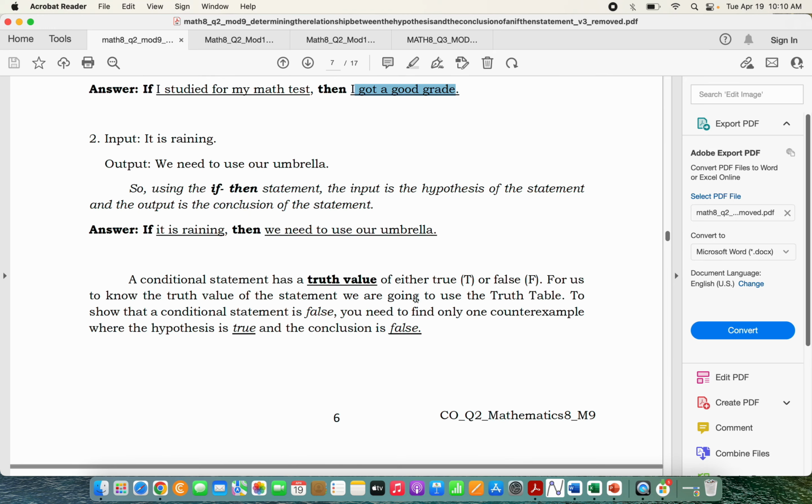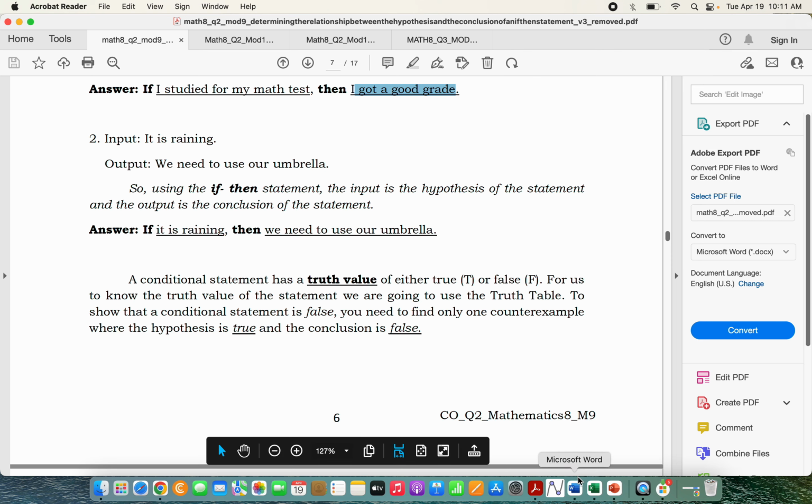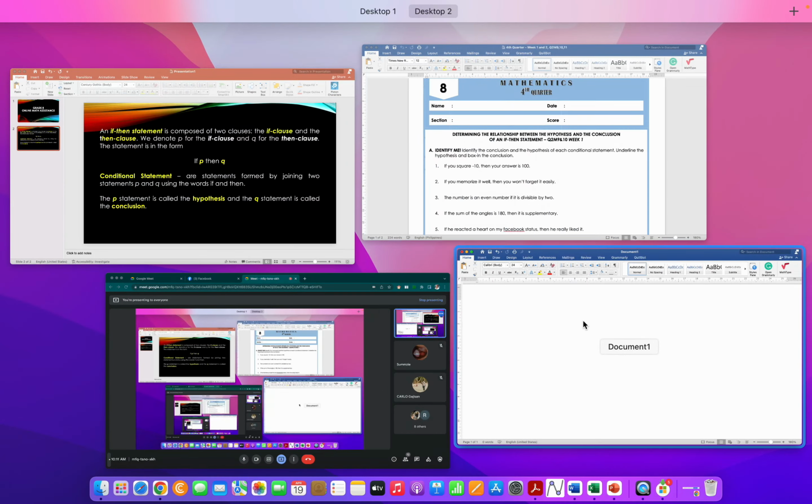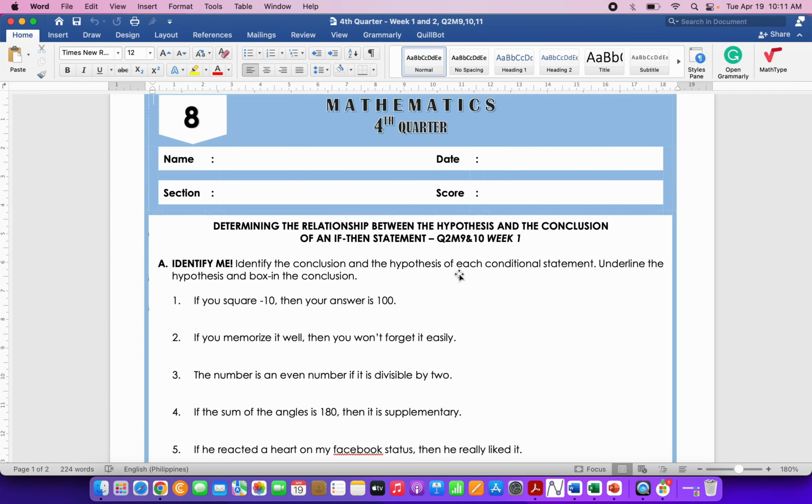And then, another example, it is raining, so we need to use our umbrella. So if we're going to form this as an if-then statement, if it is raining, then we need to use our umbrella. Okay, so as simple as that. Let's go to your worksheet, di ba?